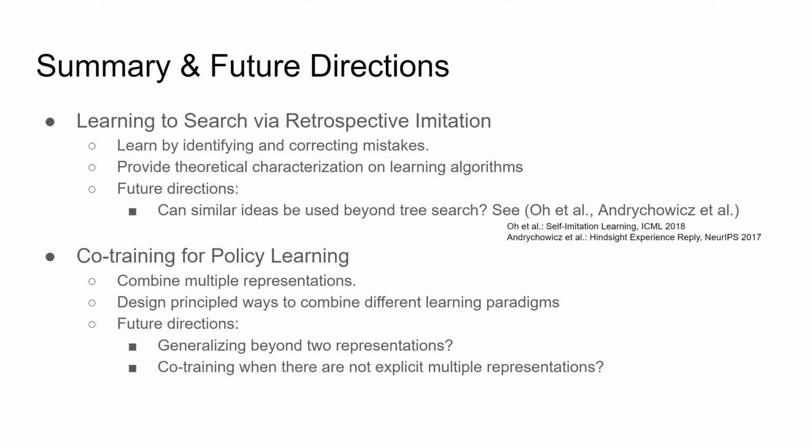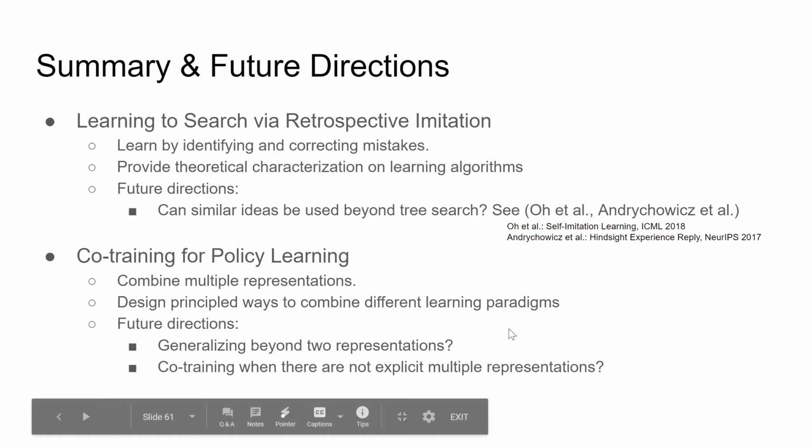So I think those are the future directions for this co-training idea, either going beyond to more representations, or going to the other whole class of the point of view on the algorithm side, how to do co-training with different algorithms. That can be interesting future directions. Yeah, so that's all. Any questions?